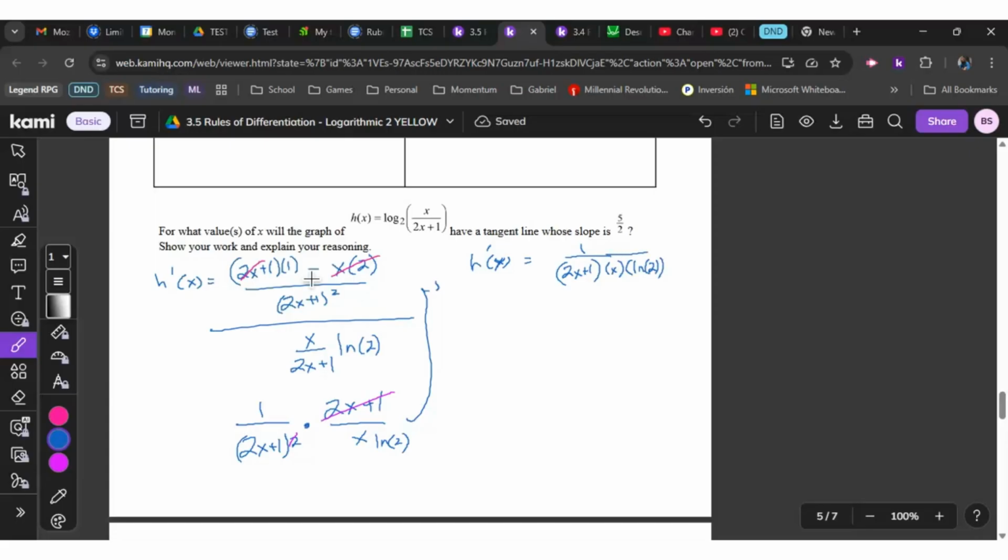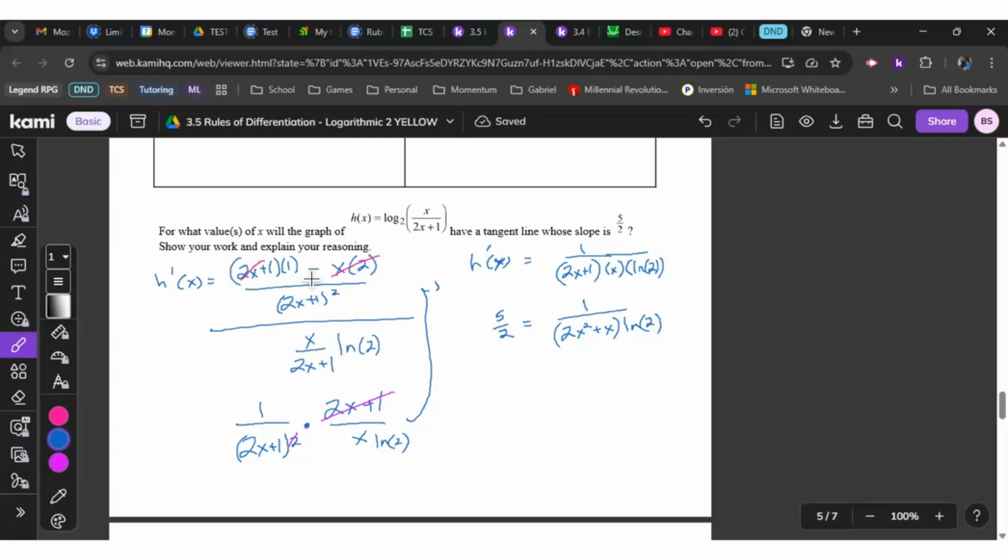Awesome. Now, that needs to be equal to 5/2. Multiply this out a little bit here. So 2x squared plus x times the natural logarithm of 2.